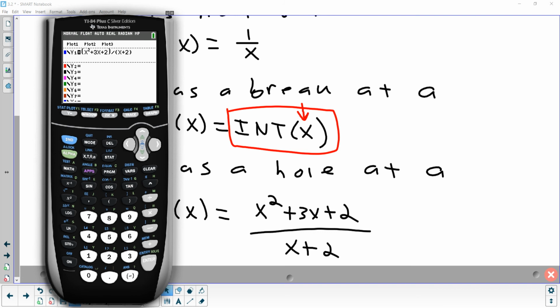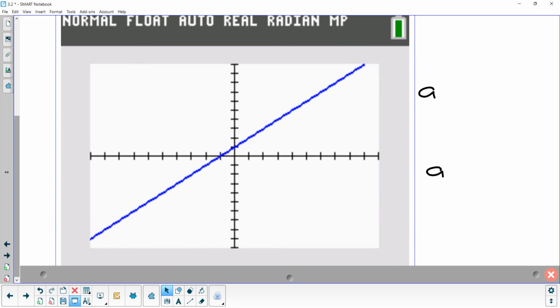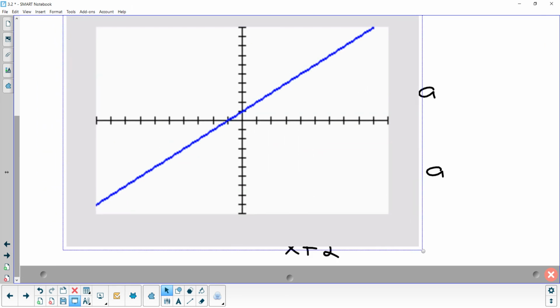I'm going to hit graph. Does it look like anything weird is happening in that graph? I can make it bigger, I'm not sure it's going to help a lot, but does it look like anything is happening at -2?